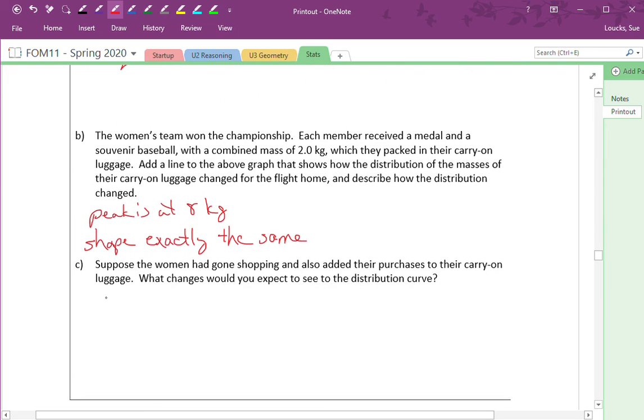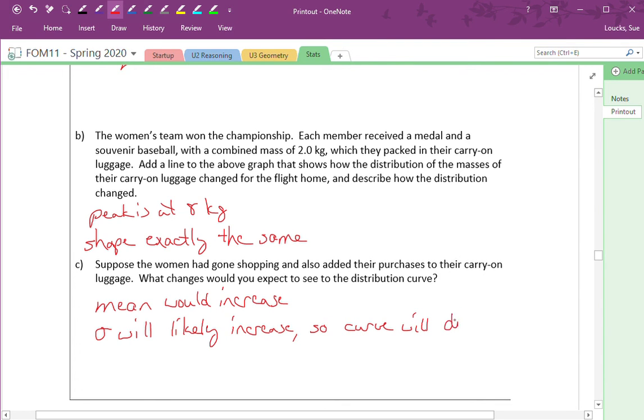Well, they've got more stuff in it, so the mean would increase. And the standard deviation would likely increase because they're not all going to buy the same amount of stuff, right? So the curve will widen and flatten.